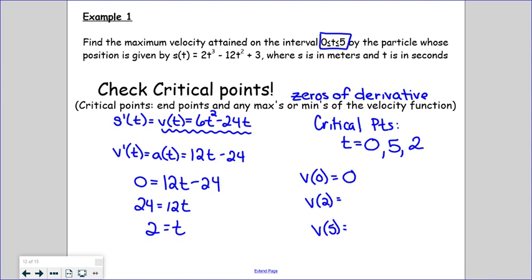Okay, what is the value of our velocity function when time is 2? What do we get? Feel free to use those nice fancy calculators you guys all have, or your brains, or wait for someone else to do it.